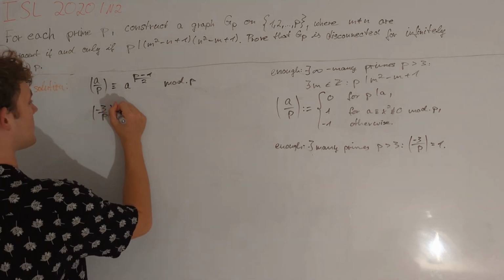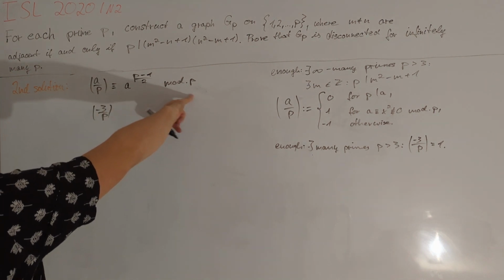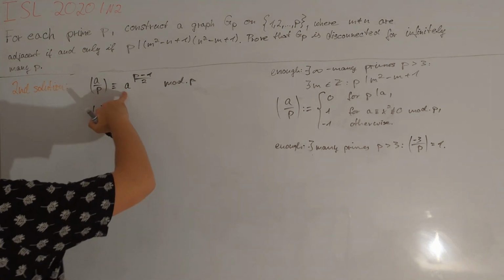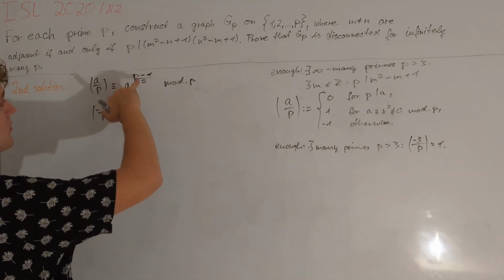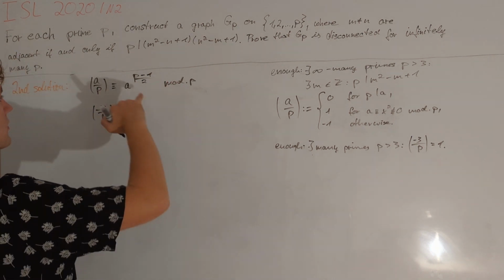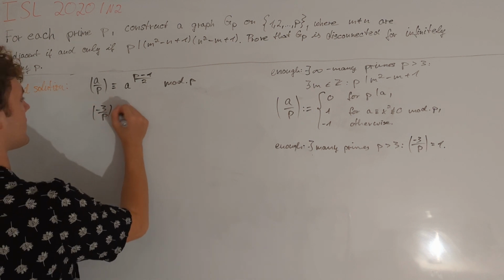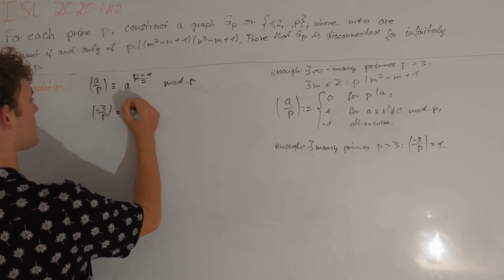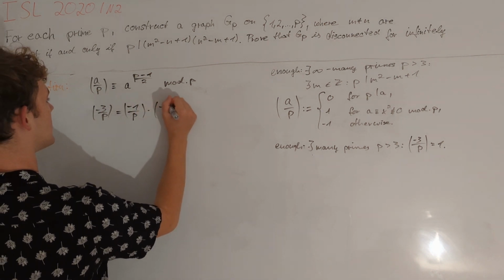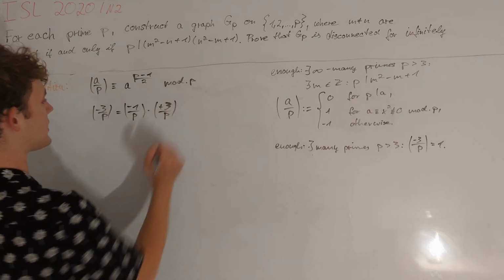Firstly, we notice that because of Euler's criterion the Legendre symbol is multiplicative in its top argument, because (a times b) over p is a to the power of (p minus 1)/2 times b to the power of (p minus 1)/2, which is (a over p) times (b over p). Thus, -3 over p is (-1 over p) times, of course, (3 over p).